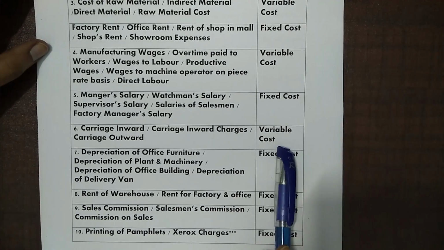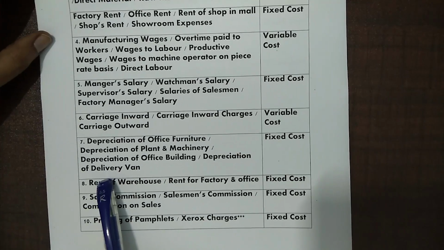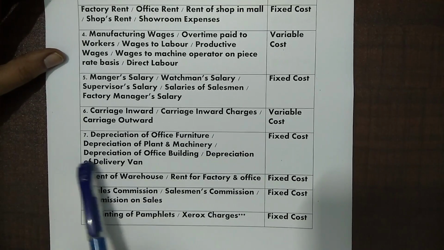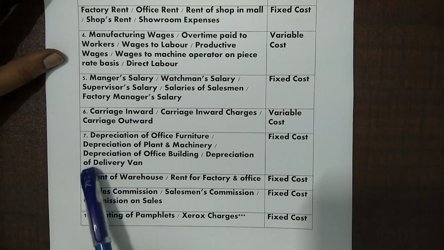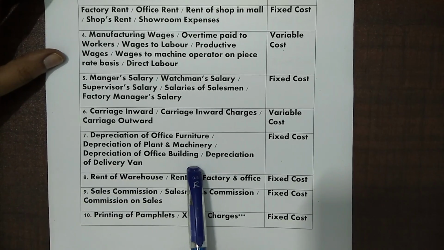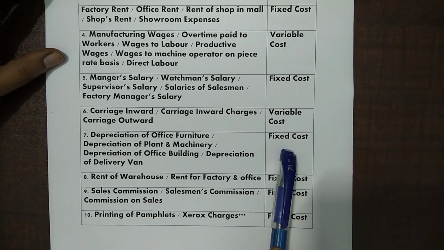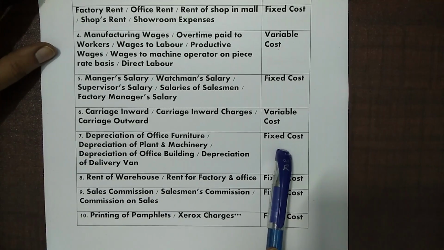Now the next one is depreciation of office furniture, depreciation of plant and machinery, depreciation of office building, depreciation of delivery van. So the answer is fixed cost because depreciation is always fixed.